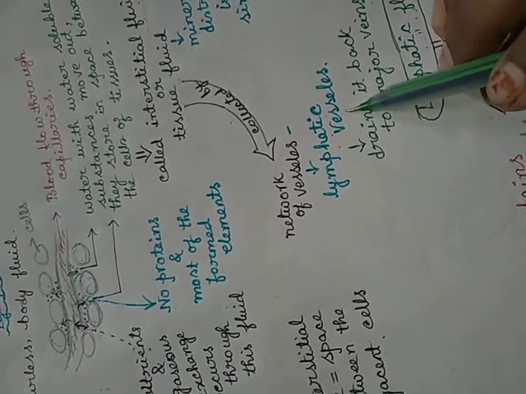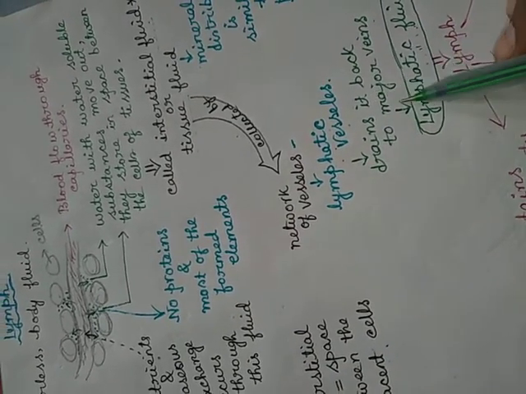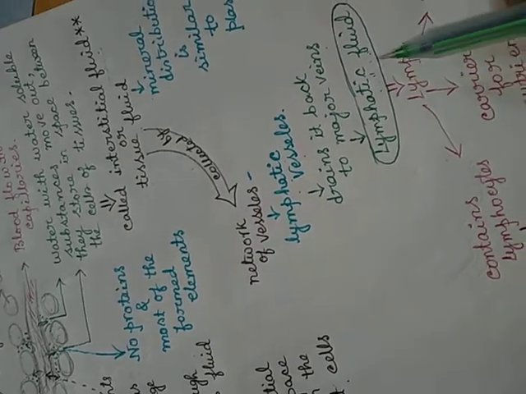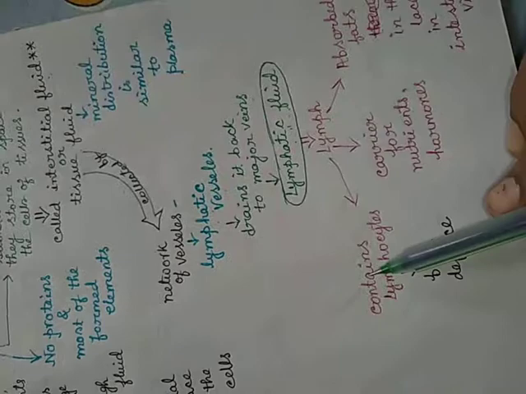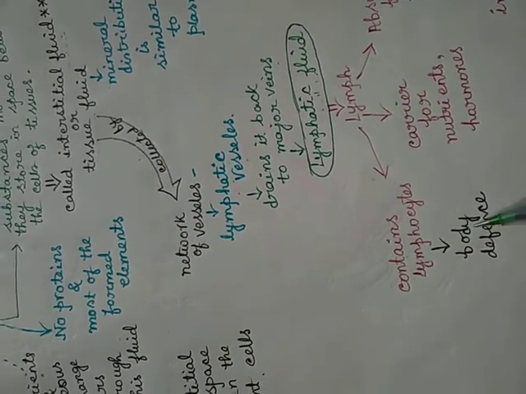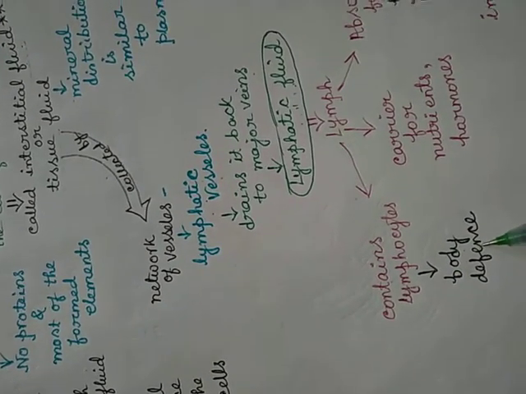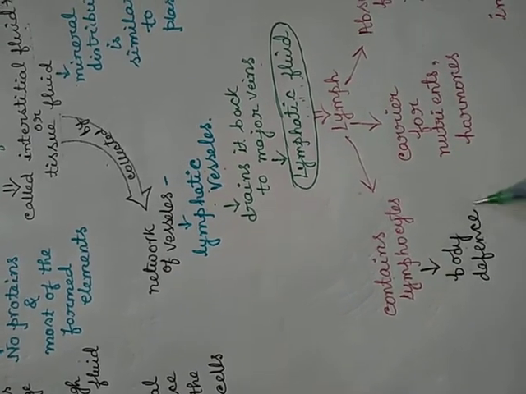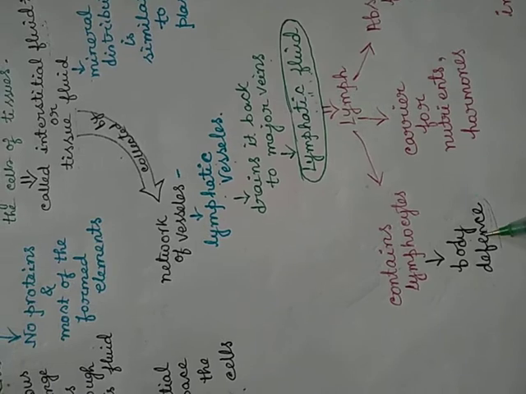Then the lymphatic vessels drain this fluid into major veins, and now it is called lymph. Several lymphocytes are present. We all know that lymphocytes protect our body and fight against external pathogens, so they help in body defense.